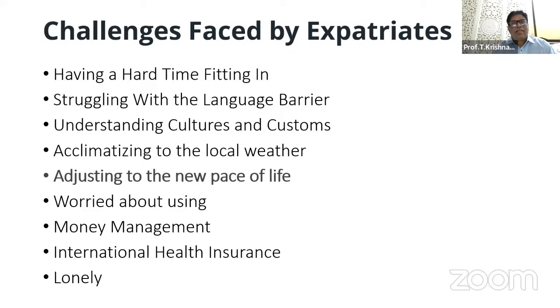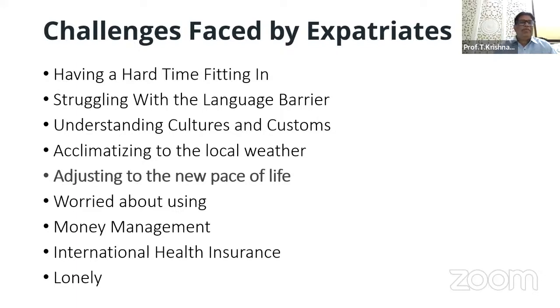Let's say some of you are hailing from Telugu language, you know how this language has different dialects and our ability to understand. Sometimes we struggle. Then the third challenge that we face is understanding cultures and customs in those particular places.